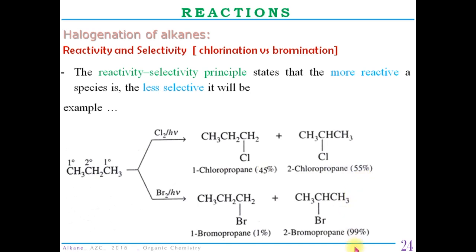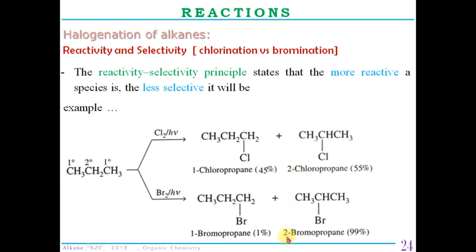So we can see the difference of isomer formation. Over here 2-bromopropane formed predominantly in 99:1 ratio, while in chlorination 2-chloropropane is 55% and 1-chloropropane is 45%.